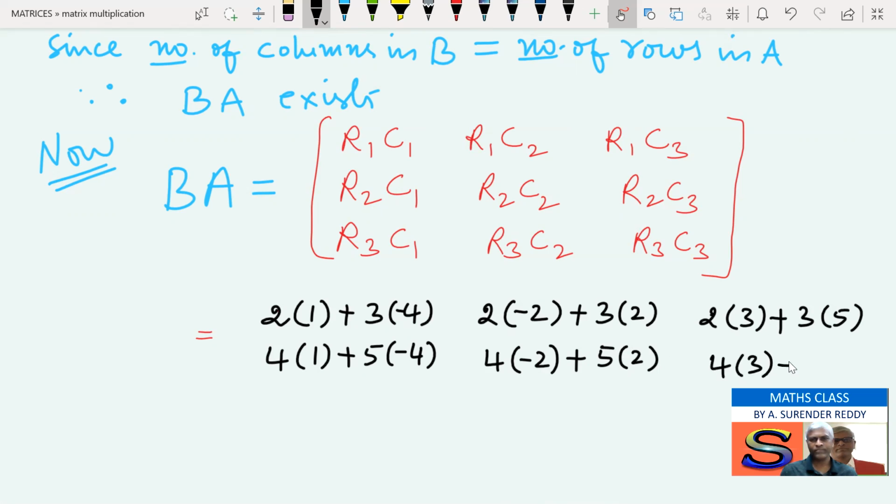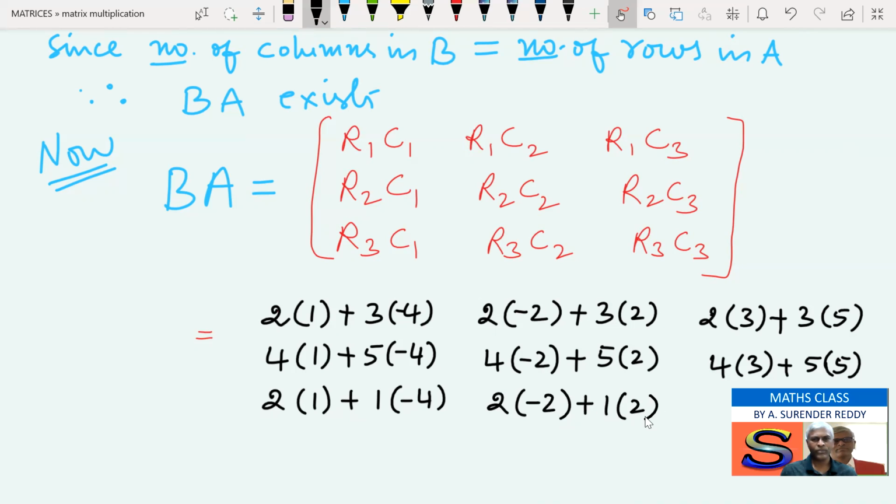R3C1: 2 into 1, 1 into minus 4. R3C2: 2 into minus 2 plus 1 into 2. So R3C3: 2 into 3 plus 1 into 5.